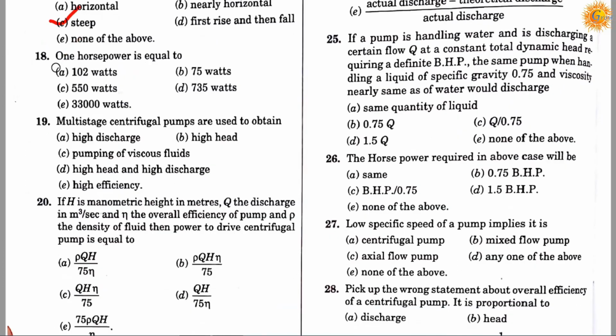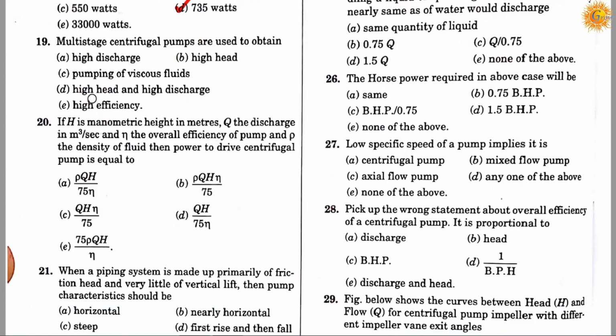Question number 18. 1 horsepower is equal to option A, 102 watts, option B, 75 watts, option C, 550 watts, option D, 735 watts, and option E, 33,000 watts. The correct answer is D, 735 watts.